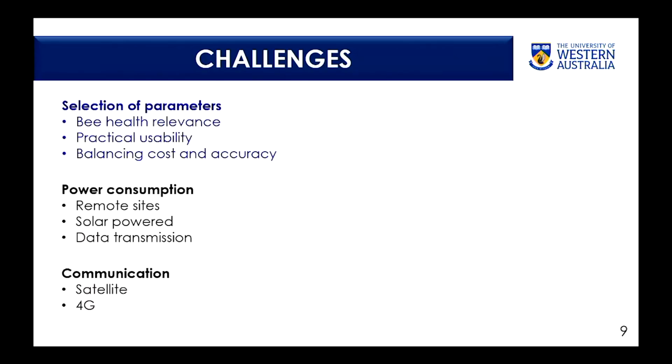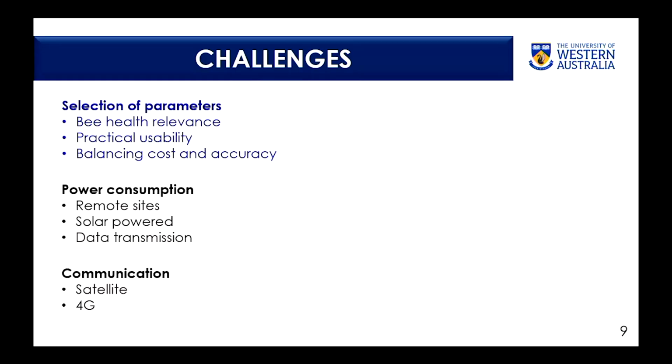So coming to the challenges, as we have discussed two of them already. First of all, we need to know which sensors are relevant. We also have to find out which ones are practically usable. And the third one is balancing cost and accuracy. Let's say for a temperature sensor, I want to be accurate. You have to decide what degree of accuracy you want.